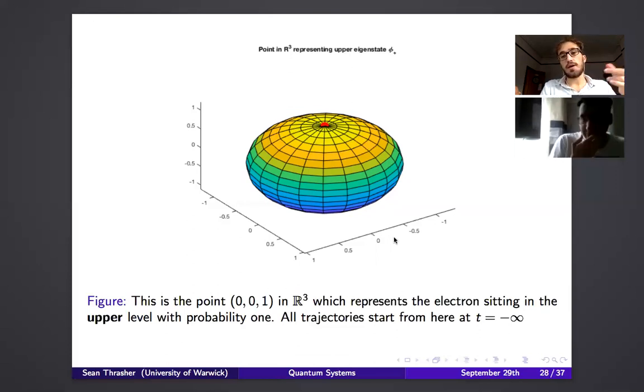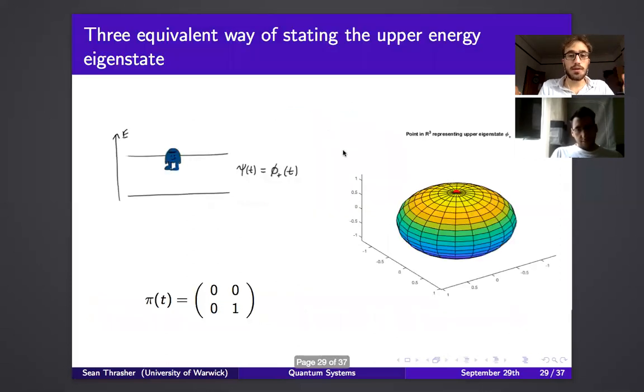And notice, I said that at the start, at t equals minus infinity, my electron is sitting in the upper energy level. So we know that any trajectory must start at the North Pole. Just to summarize, there are 4 different ways of seeing this. The electron is in the upper energy level with 100% probability. You can think of this as having this wave function phi plus.